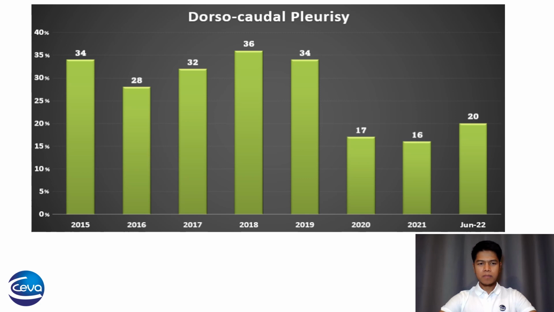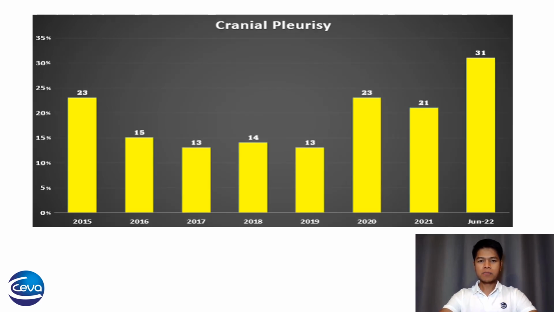On the contrary, although dorsocaudal pleurisy from 2015 to 2019 had minimal improvement, a marked decrease of the said lesions was seen from 2020 onwards. For cranial pleurisy, from 2016 to 2019, a visibly lower percentage was observed. However, it increases in the succeeding years.